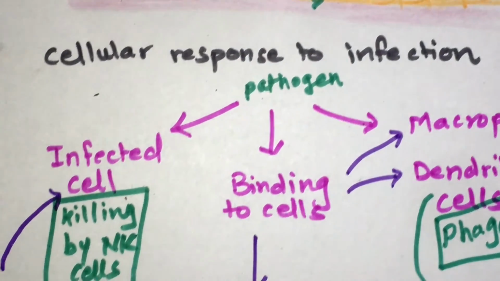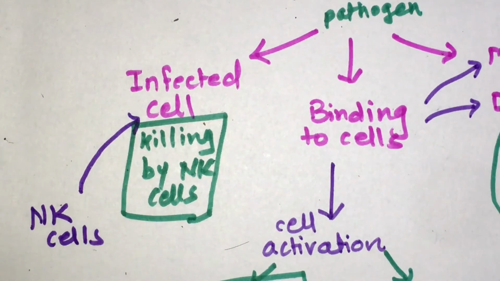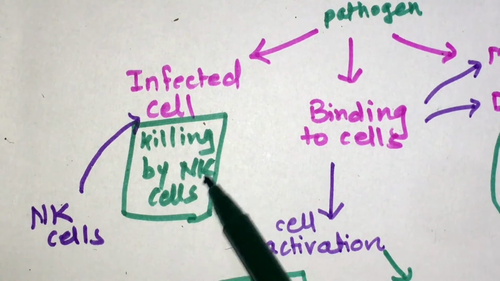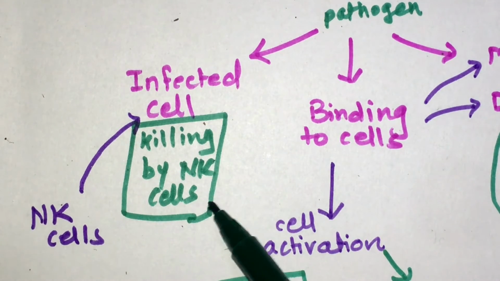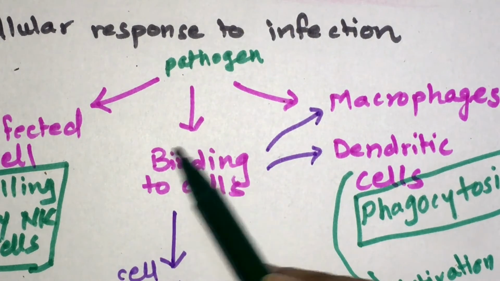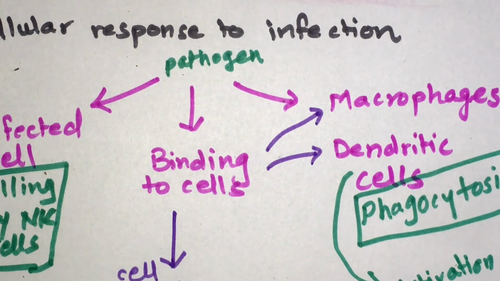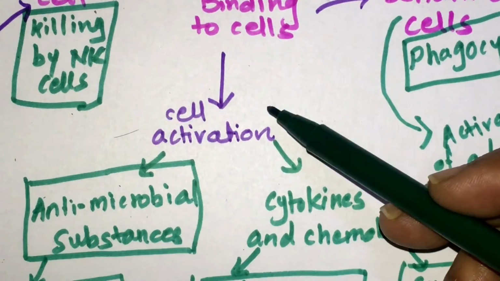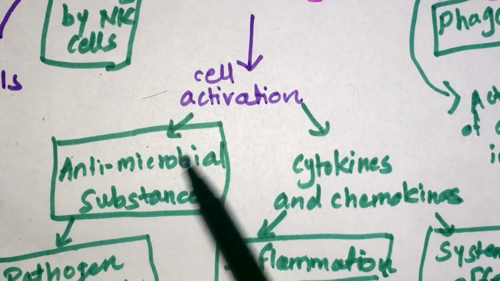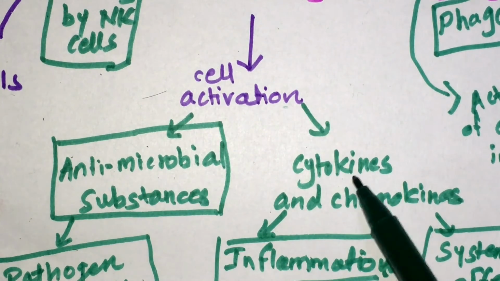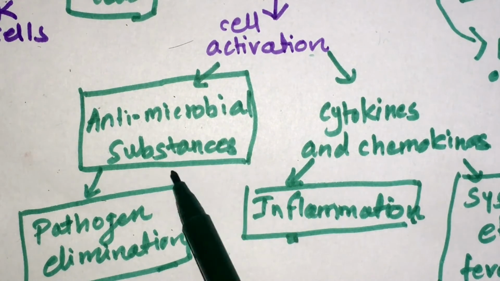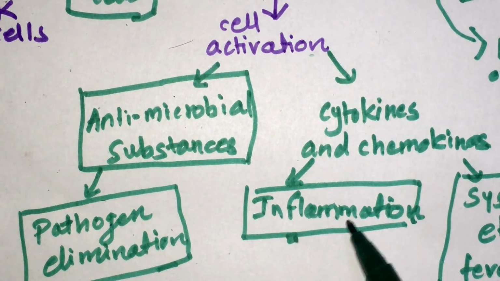If the cells are infected, then natural killer cells will get attracted towards the infected cells and kill them. Or if the pathogens are bound to cells, then there is going to be a cell activation process. By the cell activation process, these cells can secrete antimicrobial substances or cytokines and chemokines. Then they will be successful in eliminating these pathogens.